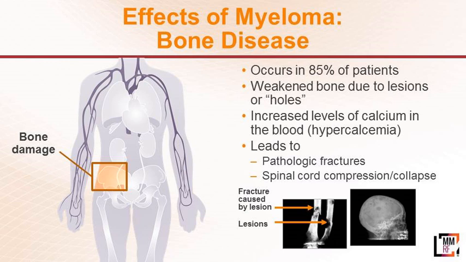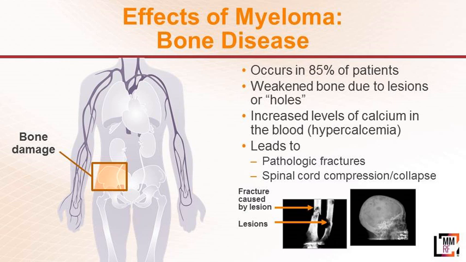So this actually is the most common side effect of myeloma when people are initially diagnosed, and it occurs in approximately 85% of the patients. And when they adhere to the inner lining of the bone, they weaken the bone and they can cause holes in the bone.